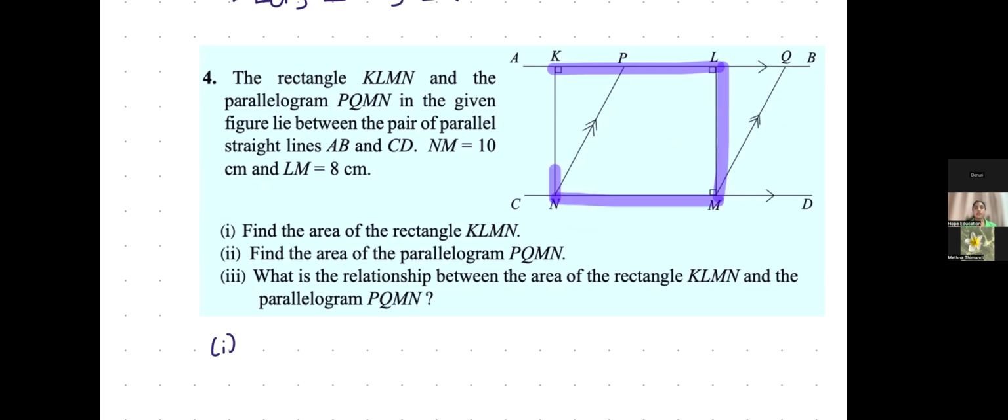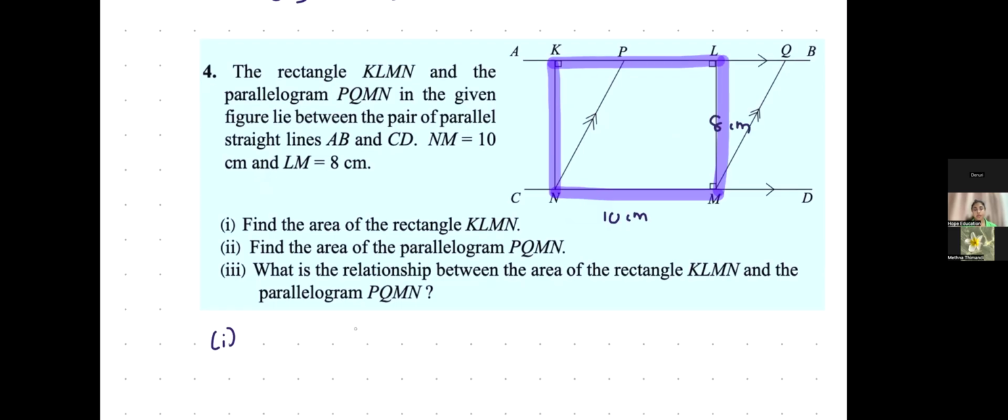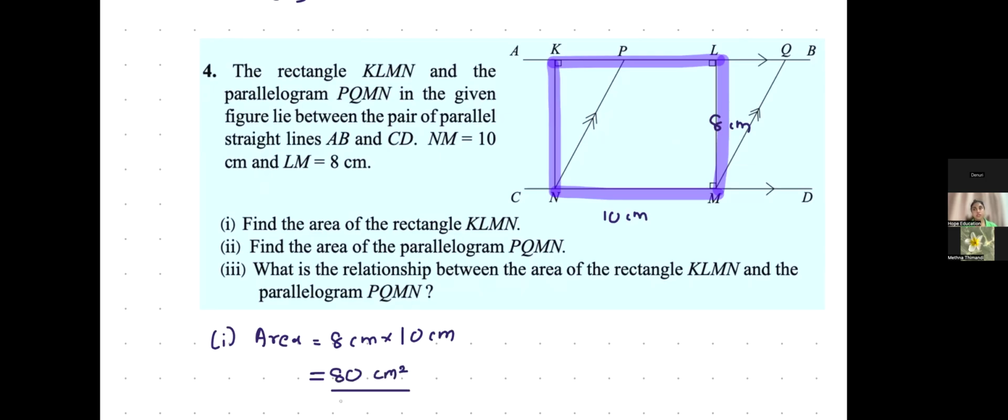So the area of the rectangle is length into breadth, and NM is 10 centimeters, LM is 8 centimeters. So 8 times 10 is 80. So area is 8 centimeters multiplied by 10 centimeters. That would be 80 square centimeters. If the unit is wrong, no marks.